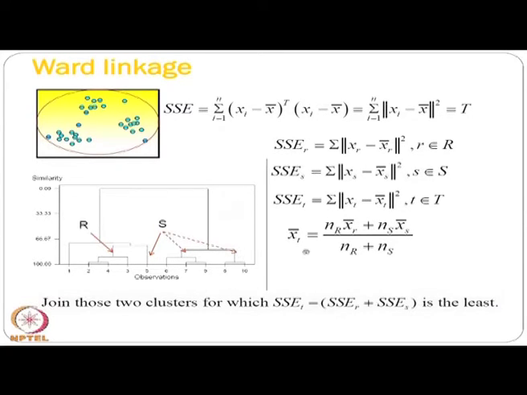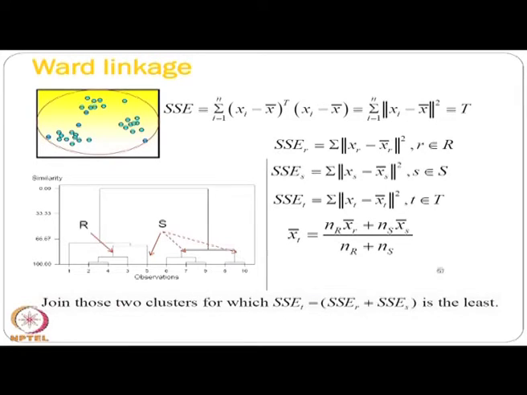Now, what will be the centroid of this? You are joining the 2 clusters R and S, you get this SST value, and the centroid of this cluster can also be calculated like we have seen earlier.